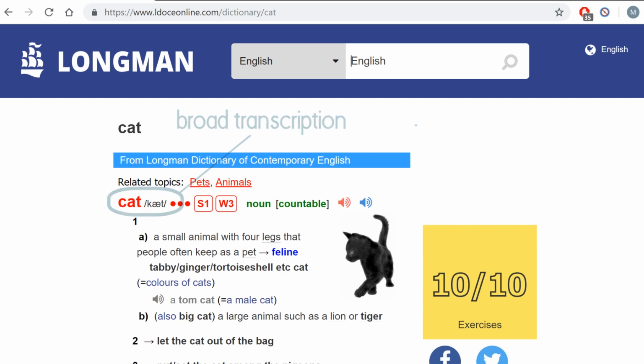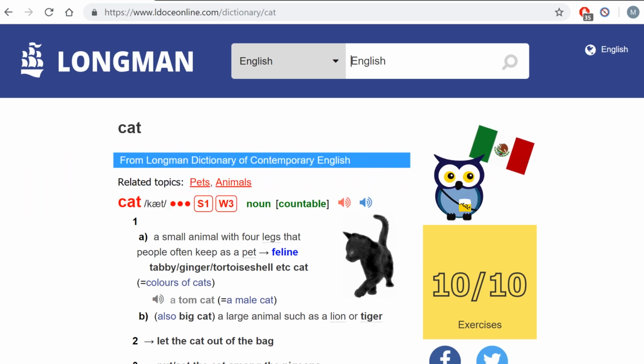So if you're a Spanish speaker learning English, this dictionary does not tell you how to pronounce cat like a native speaker.